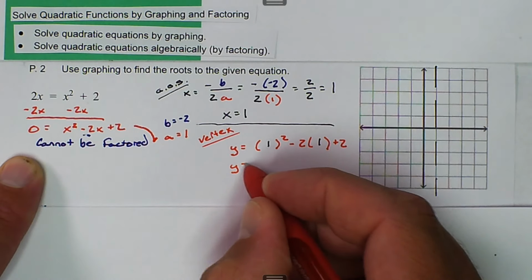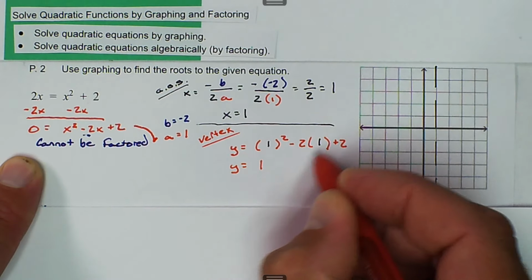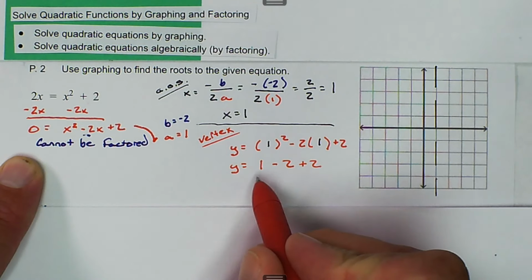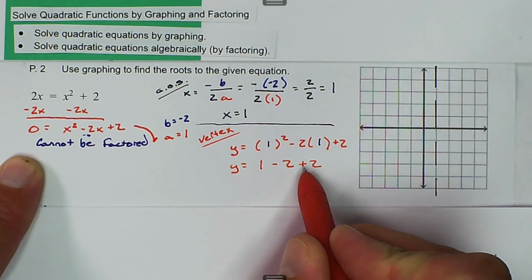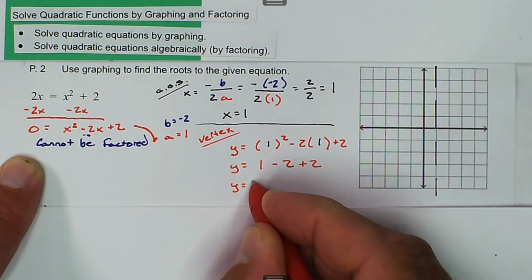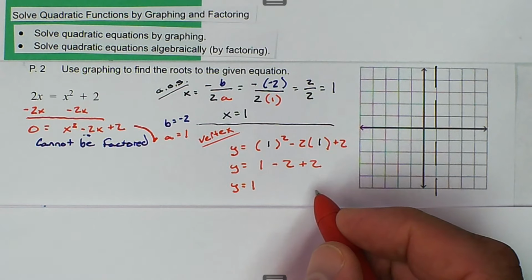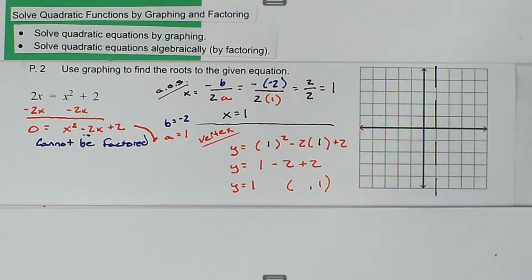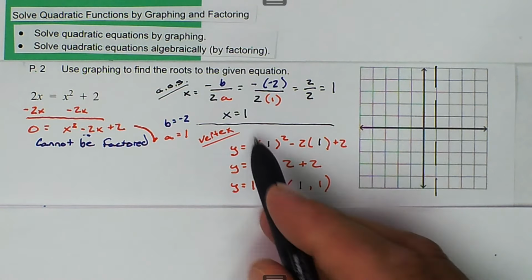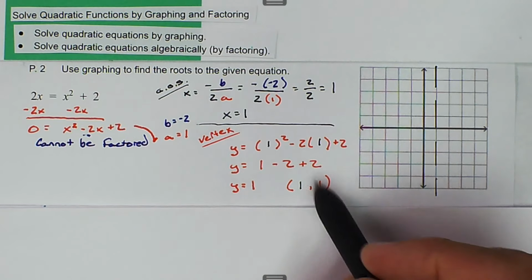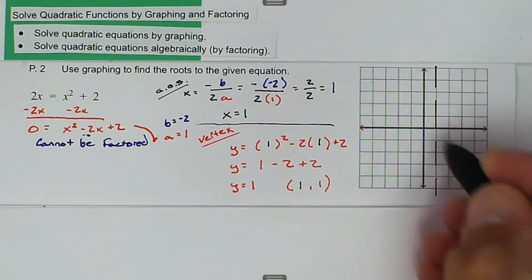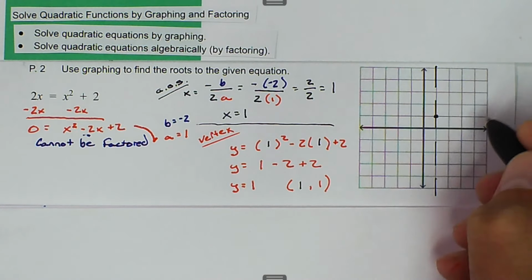And then we get 1 squared is 1, negative 2 times 1 is negative 2, and positive 2. So negative 2 plus 2, that cancels, so we're left with y equals 1. And so we have the ordered pair of x is 1 and y is 1. So we got the x value from our axis of symmetry, and we use our axis of symmetry to find our y value, and that gives us our vertex, which is 1, 1.